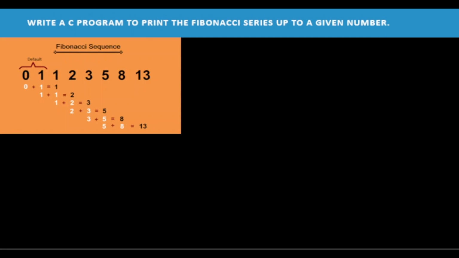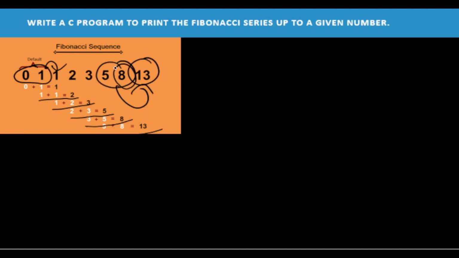For those people who haven't got it up to now, see this picture. 0 plus 1 is 1, 1 plus 1 is 2, 1 plus 2 is 3, 2 plus 3 is 5, 3 plus 5 is 8, 5 plus 8 is 13. 13 is formed by 5 plus 8. 8 is formed by 3 plus 5. But every time the series should start with 0 and 1. Keep in mind, every time the series starts with 0 and 1.